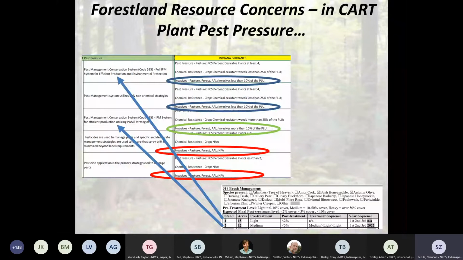Okay, so please follow the Indiana guidance on this using one of the first three: either of the two if invasives are not a problem, the third one if they are. Okay, questions on that? All right, we will move forward.